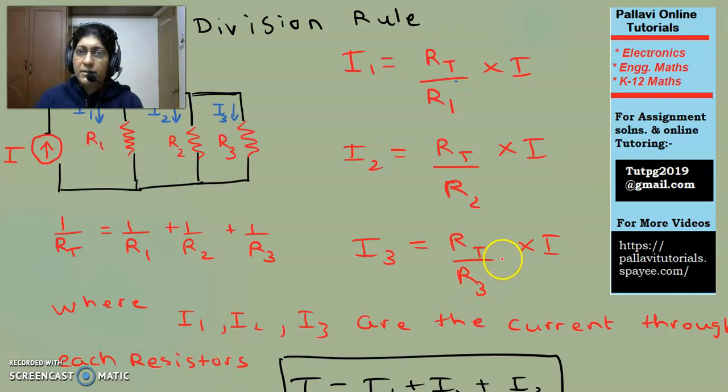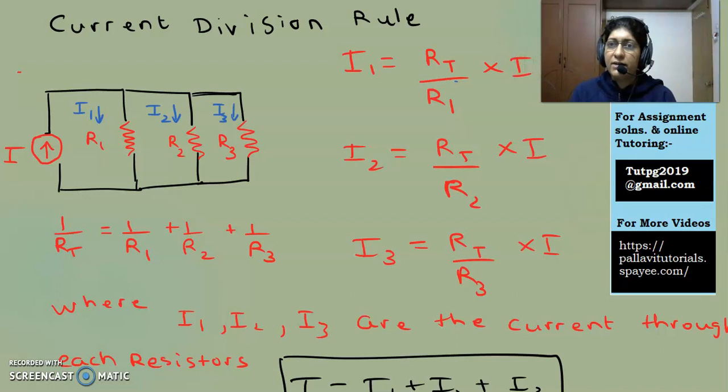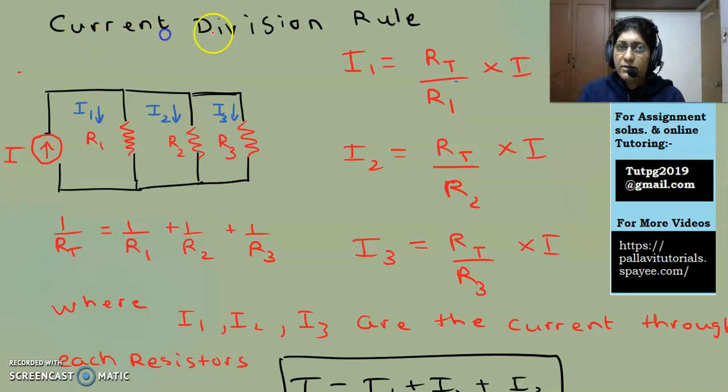Now coming back to the current division rule. What is the current division rule? First of all, the current division rule is applicable only if the resistances are in parallel. As the name indicates, it tells how the current is distributed in all the branches.